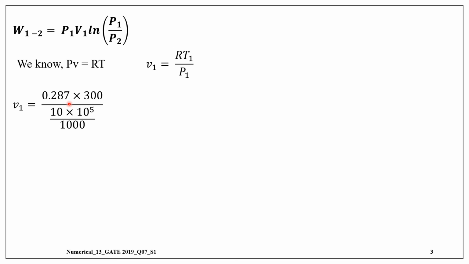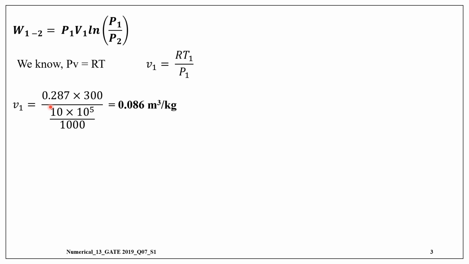The value of R is 0.287 and T1 is 300 and P1 is 10 bar. The 10 bar is converted into Newton per meter square by multiplying it with 10 power 5. Again, we are dividing that by 1000 for unit consistency. What is that unit consistency? We will discuss in a while. Calculation of this yields V1 is equal to 0.086 meter cube per kilogram.